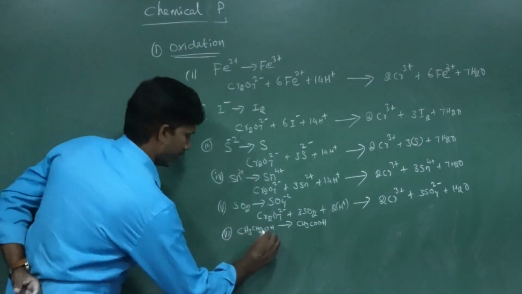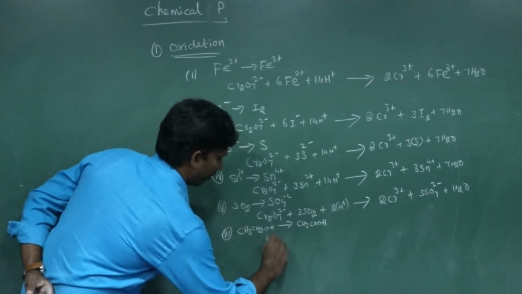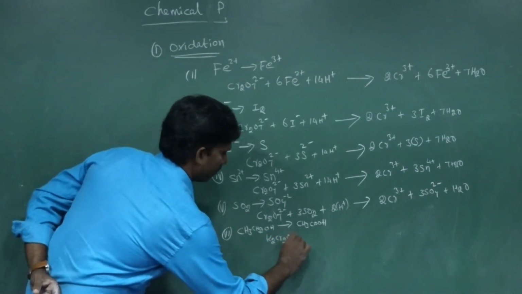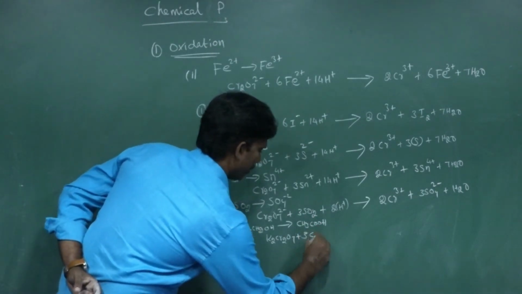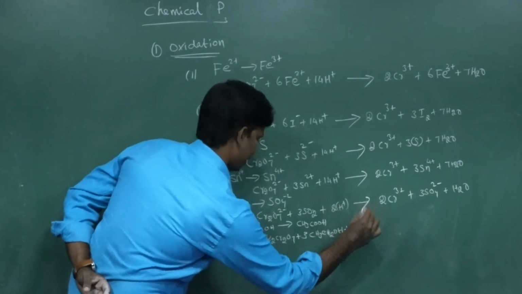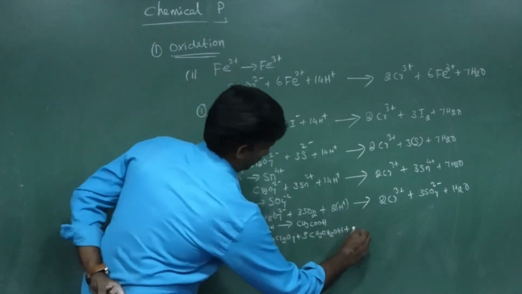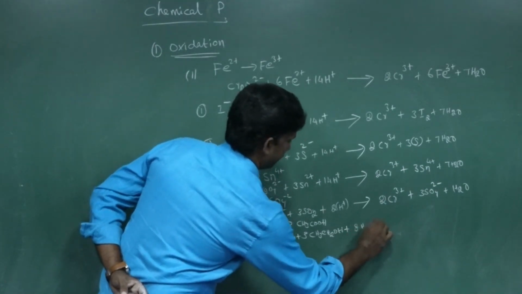Since it's a strong oxidizing agent, we can write K2Cr2O7 potassium dichromate plus 3 times ethyl alcohol plus 8 times sulfuric acid.